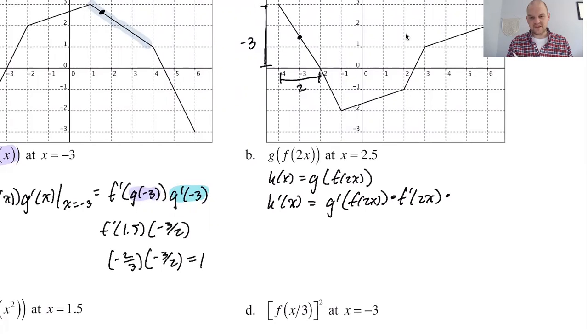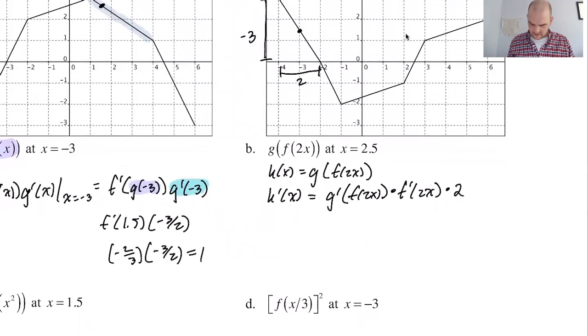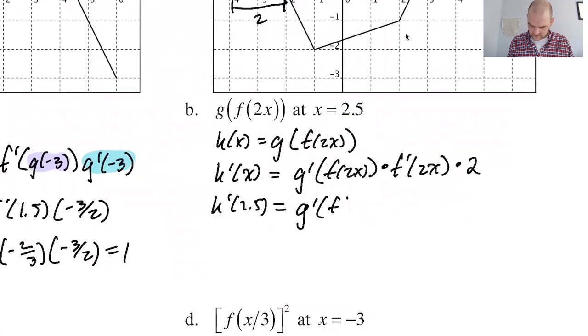That thing is 2x. The derivative of 2x is 2. All right, so h prime of 2.5 is going to be g prime of f of 2 times 2.5, which is 5, times f prime of 5, and then times 2.